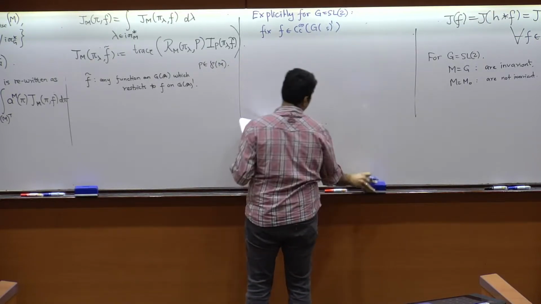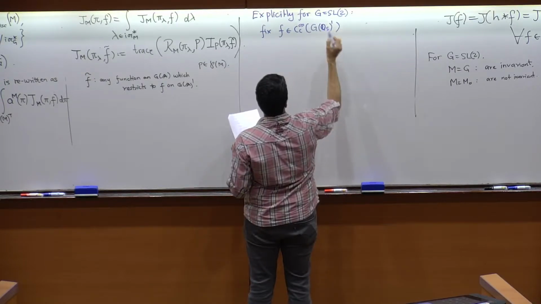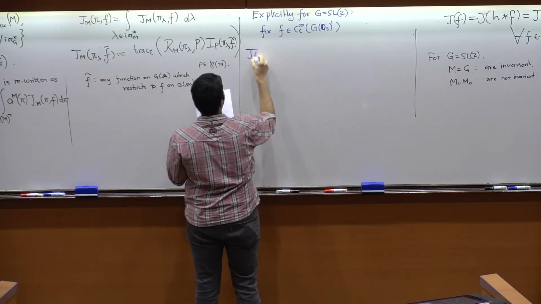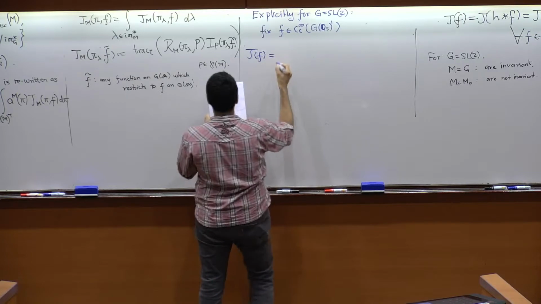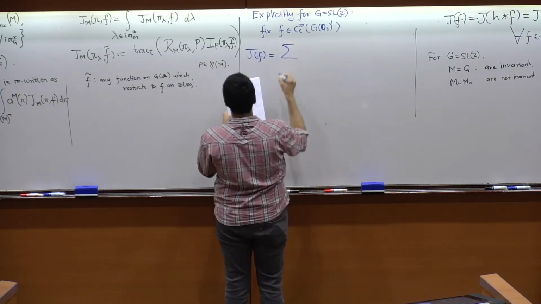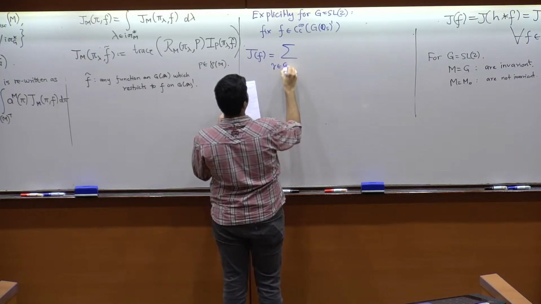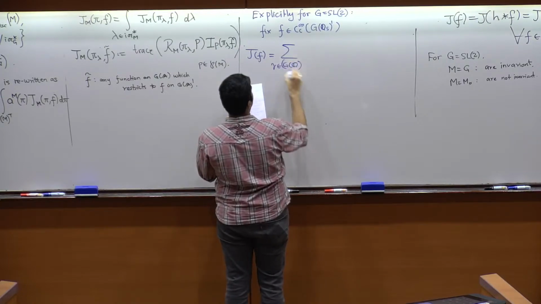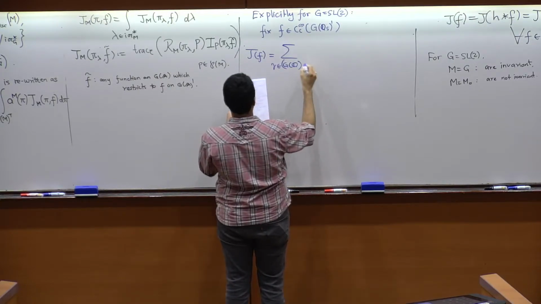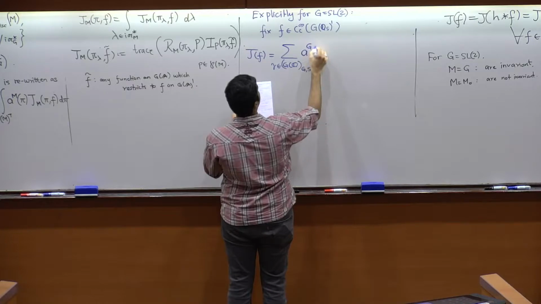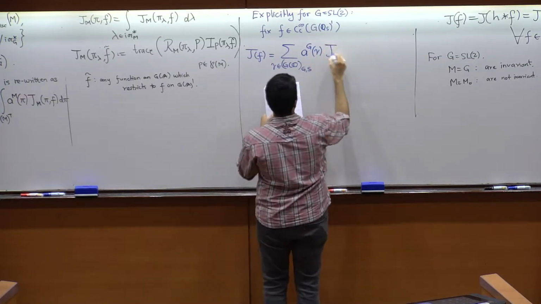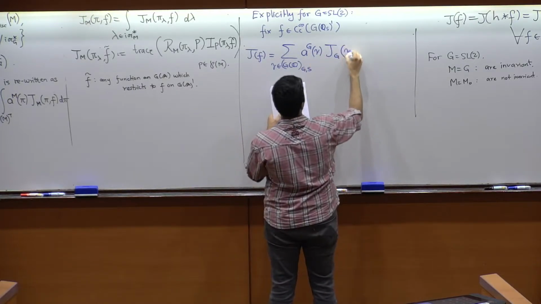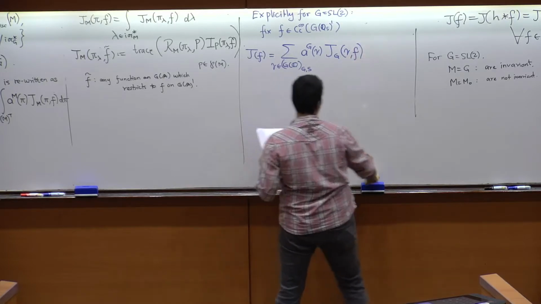So S is a finite set of places, so you fix those finite set of places, and then J_F, the term for the Levi subgroup is gamma in G(Q), G(S), A^G(gamma), J^G_gamma(F). This is the contribution from the G.